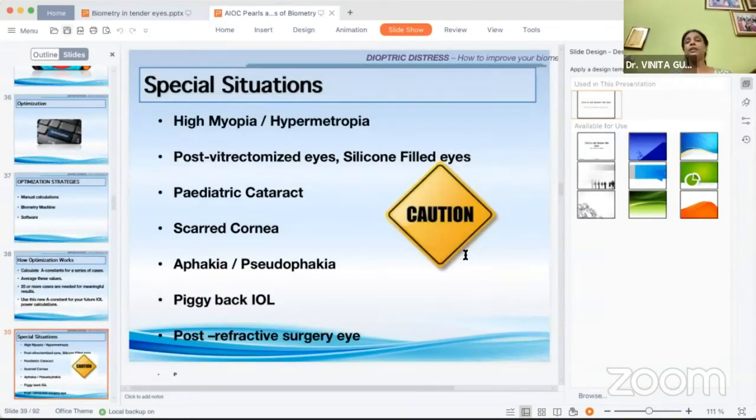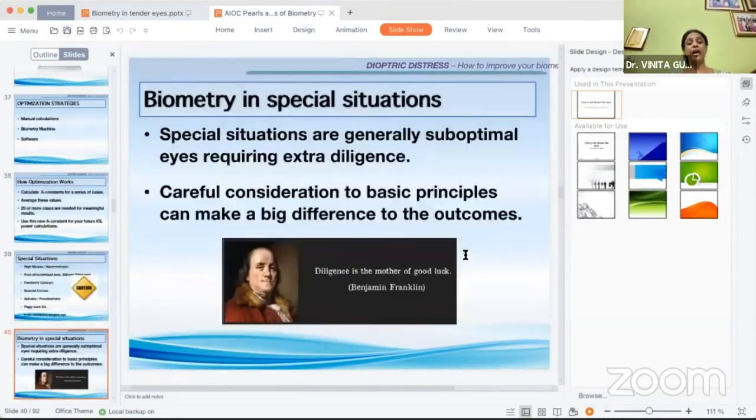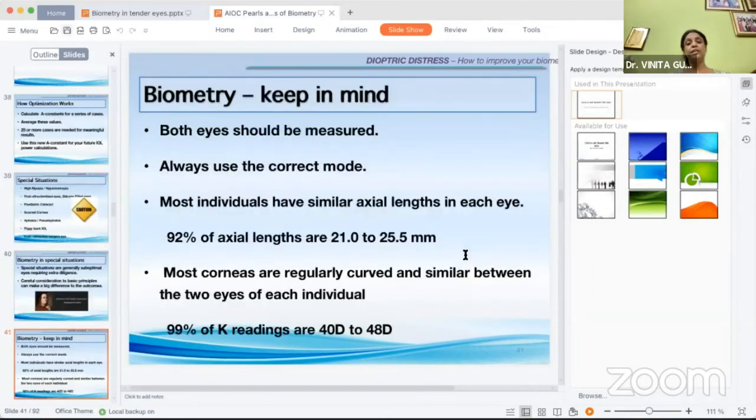And again, remember to be extra cautious, extra diligent in situations where you have special parameters of the patient's eye, because you have to be very, very diligent to have the best optical outcomes in such suboptimal conditions. In the end, I would just like to summarize that while doing your biometry, please measure both eyes, always use the correct mode.